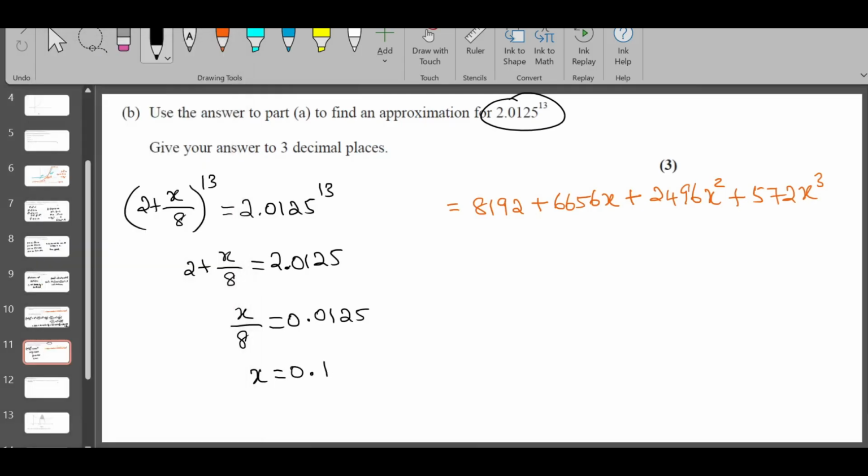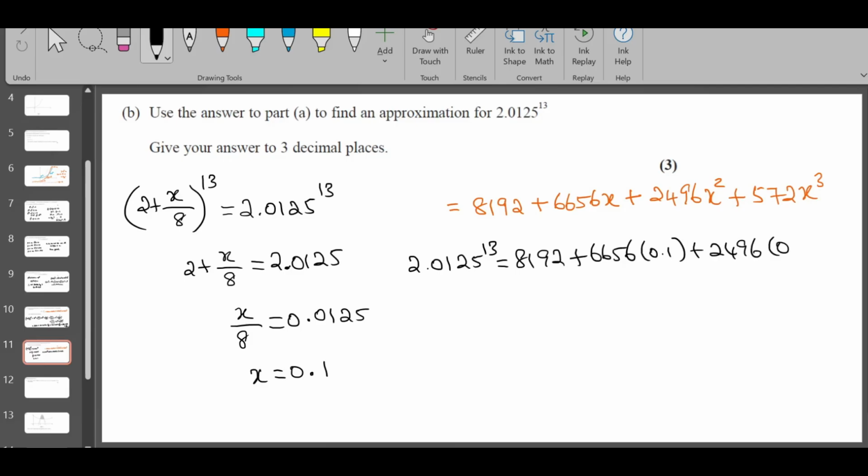What does that mean? When you sub in x is equal to 0.1 here, you will get this. So to find the approximation, you need to sub in the same value into the expansion. So below you can write the working. 2.0125 power 13 is 8192 plus 6656 times 0.1, 2496 times 0.1 square, 572 times 0.1 cube.